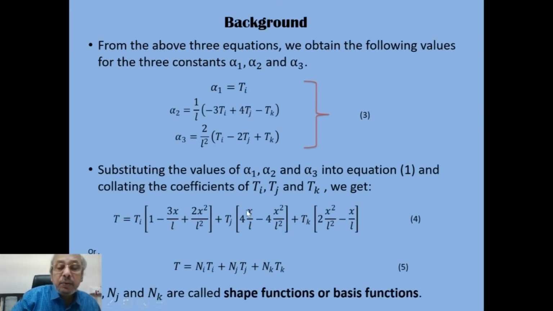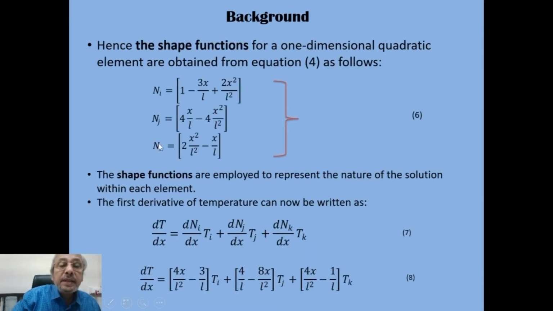Similarly, Nj is 4x by L minus 4x square by L square, and Nk is twice x square by L square minus x by L. The shape functions are employed to represent the nature of the solution within each element. We have taken here as one element. In the schematic, you recall, we took one element. We can take two elements also.